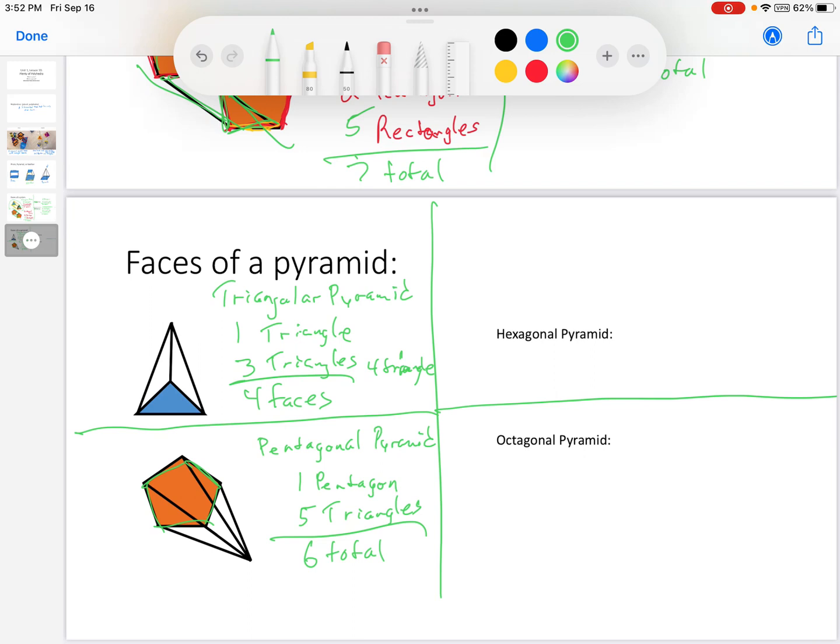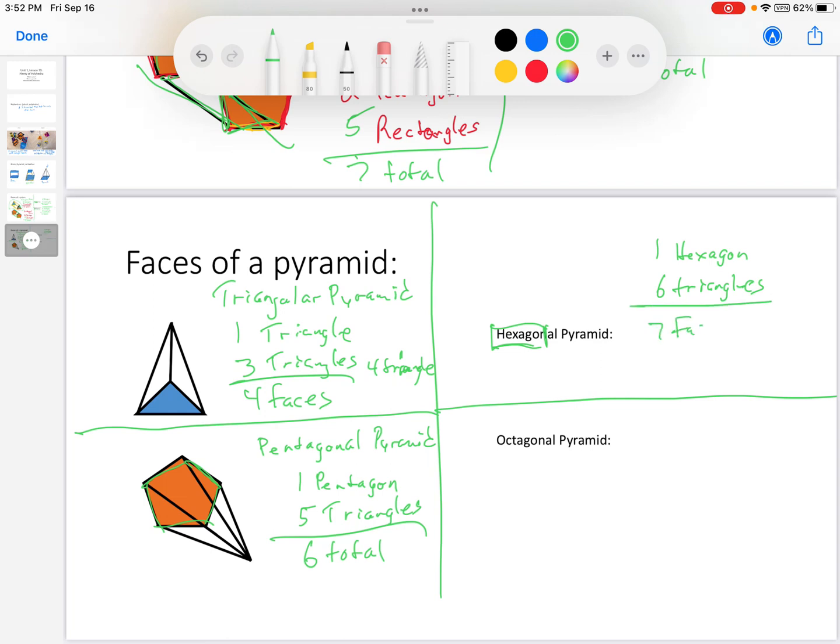Get the idea? All right, now no visuals here, no picture. It's a hexagon, so it has 1 hexagon, because it has to have a hexagon on the base, and then a hexagon has 6 sides. Hexagon has 6 sides, so therefore it will have 6 triangles, 1 for each side. How many total is that?